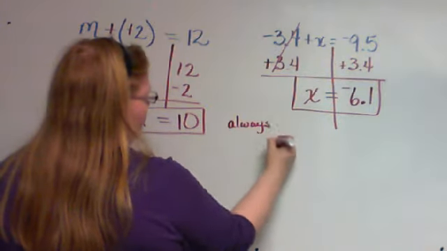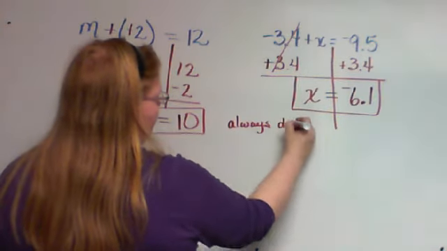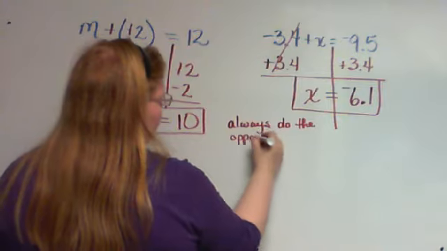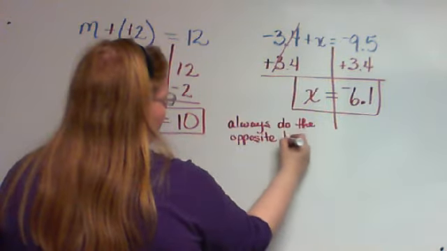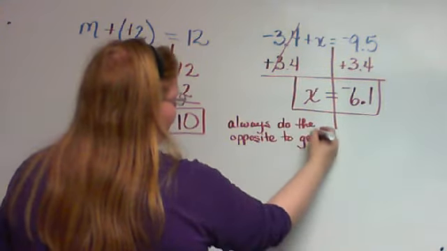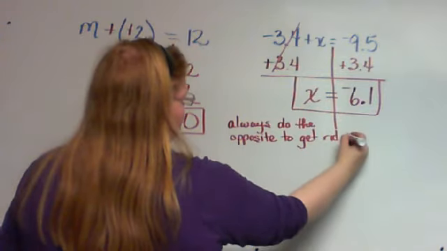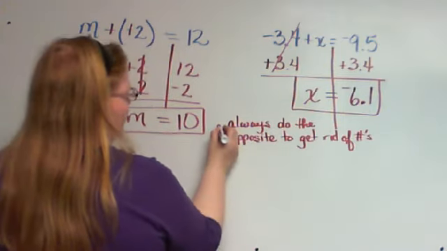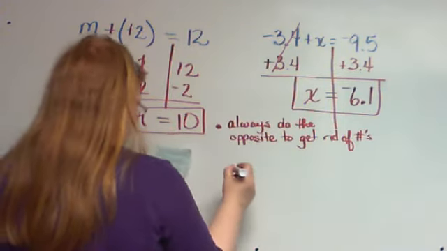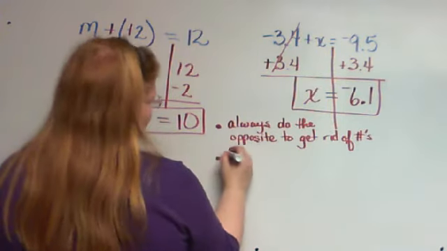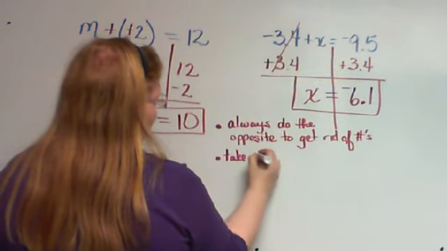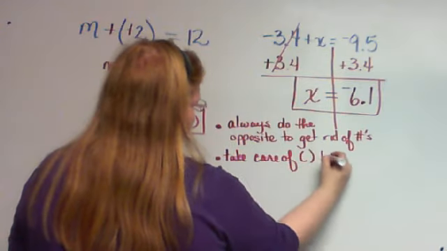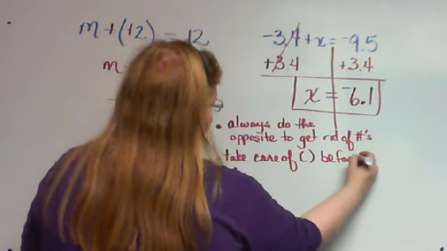So, a couple of things we learned today. You always do the opposite to get rid of numbers. And you always need to take care of parentheses before you add or subtract.